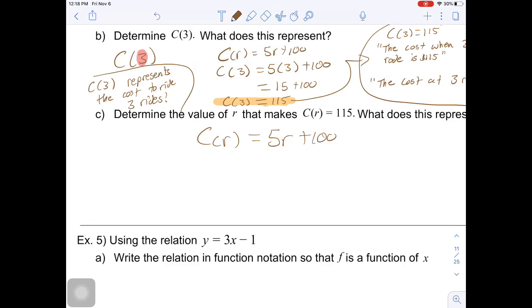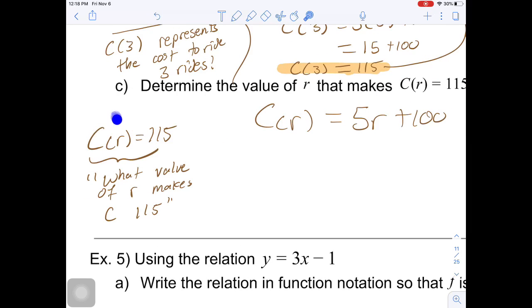Okay, here we're saying find R when the cost is 115. So this is a question of what value of R makes C 115.